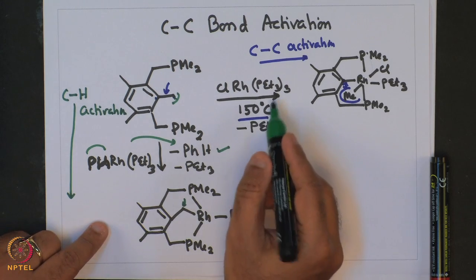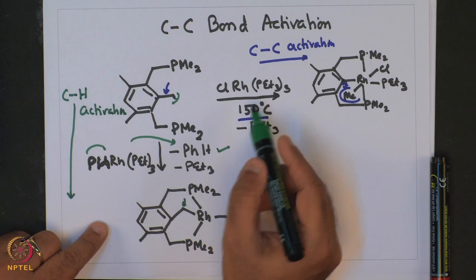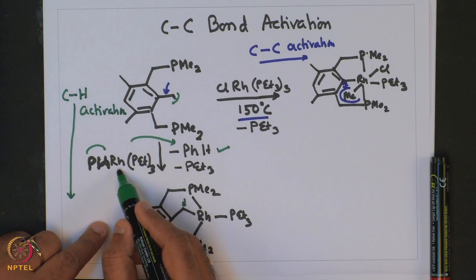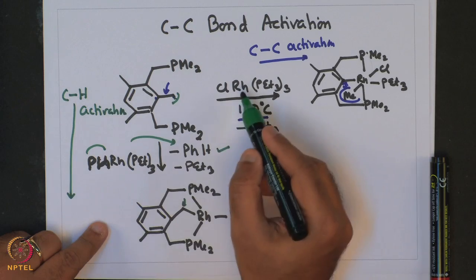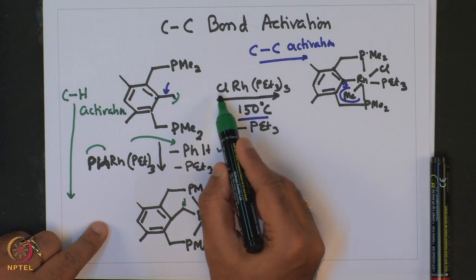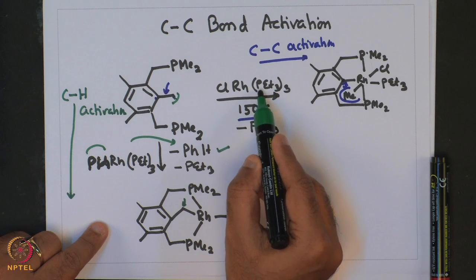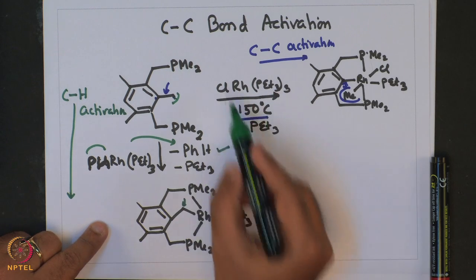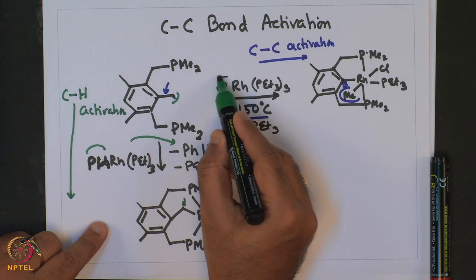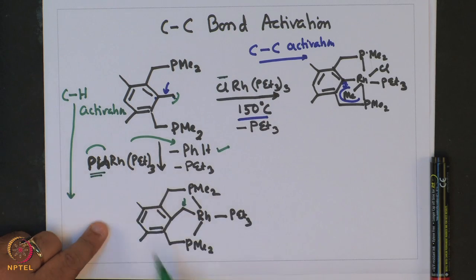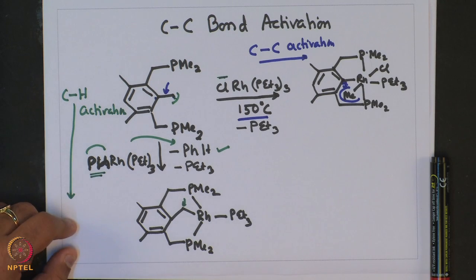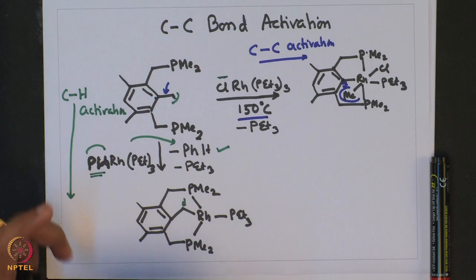This is a complex which is phenyl rhodium triethyl phosphine, and in the C-C activation we had chloro rhodium triethyl phosphine. The only difference is that this chloride is replaced by a phenyl moiety for the C-H activation reaction.